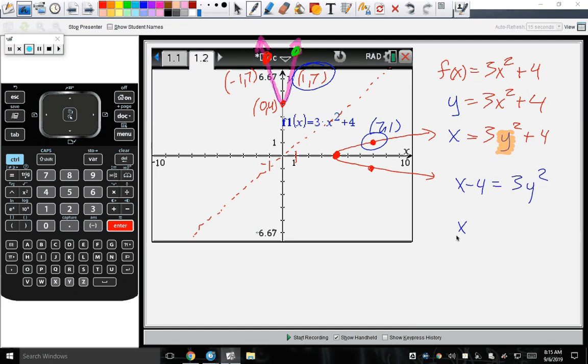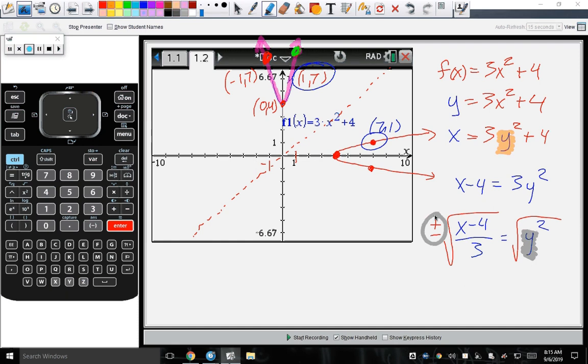dividing by 3, and then taking the square root. And careful, when you have a variable that is squared, and you're square rooting this side, you must do the plus and minus on this side. This is huge and very important.